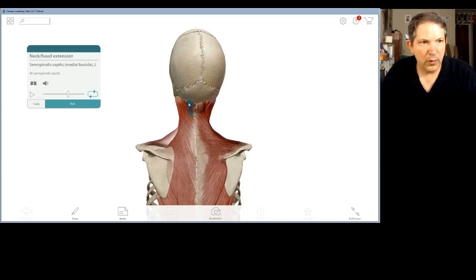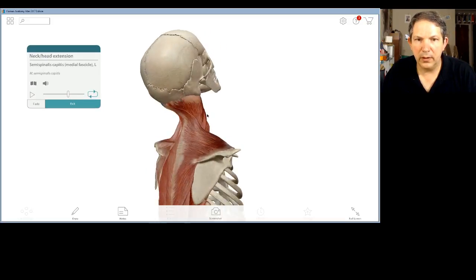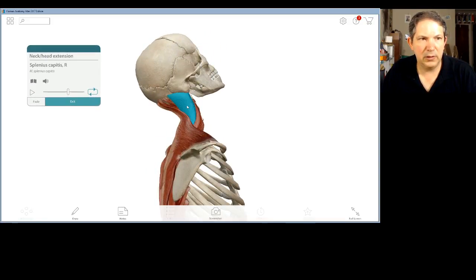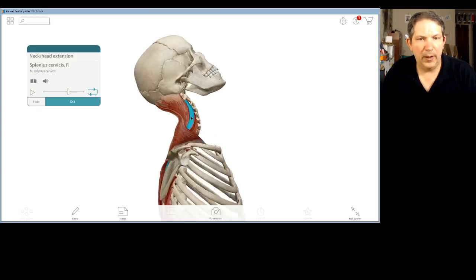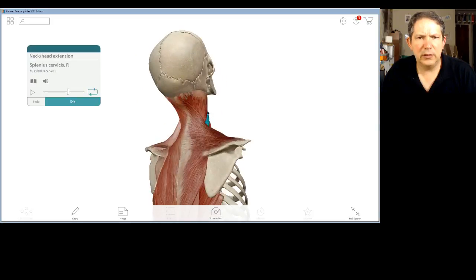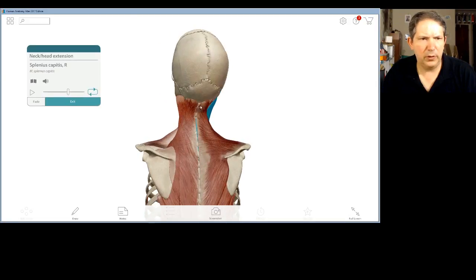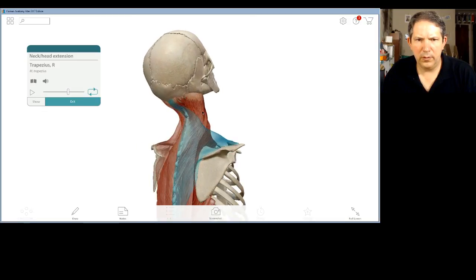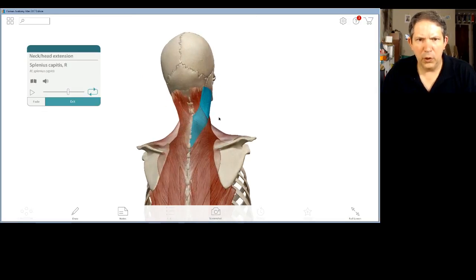Splenius Capitis is a big one there. Let's just mention Splenius Capitis and Semispinalis Capitis. And they are going to be involved in multiple movements.